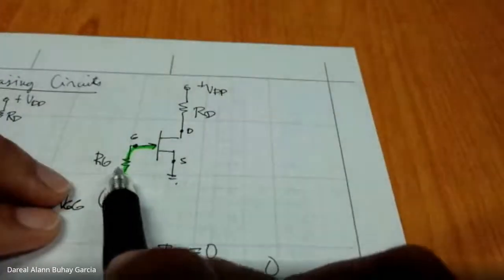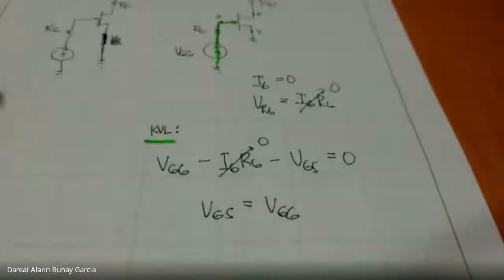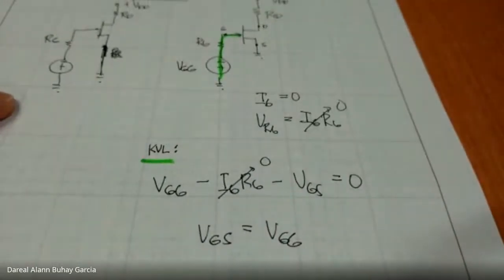Okay? VGG minus IGRG minus VGS is equal to 0. But IG is 0. Therefore, VGS is equal to VGG for the fixed bias circuit.